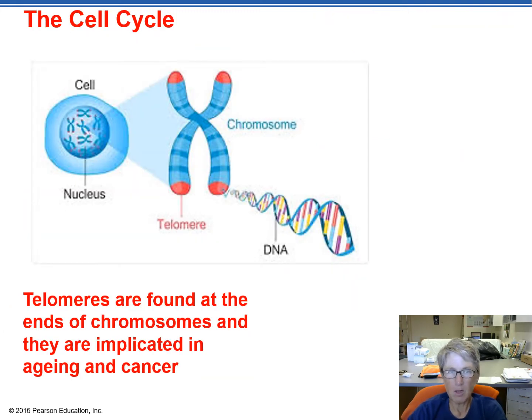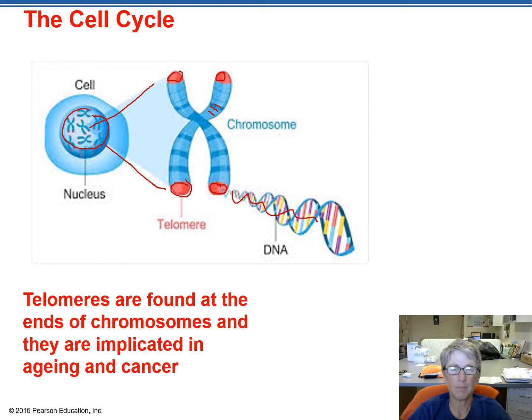Just a couple more details on chromosomes. So here's a cell, here's the nucleus with the chromosomes in it, and then they enlarge a chromosome here. You can see chromosomes have banding patterns on them. At the end, they have these pieces called telomeres. If you unwind a chromosome, it's made up of DNA.